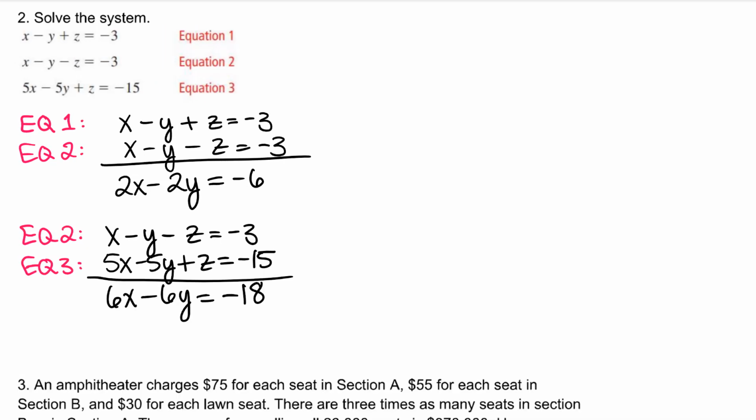These two variable equations are now equations 4 and 5. I see that I can multiply equation 4 by -3, and that will eliminate both the x's and the y's. Let's try it.